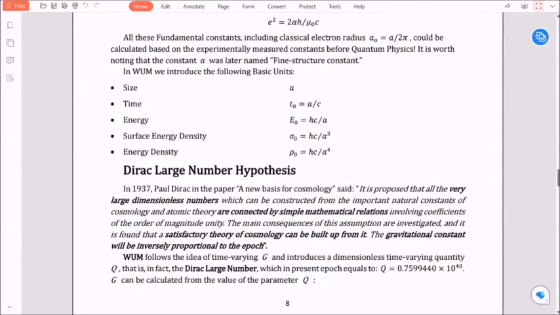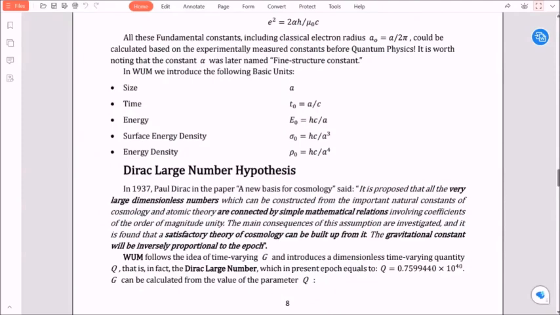It is worth noting that the constant alpha was later named fine structure constant. In WUM, we introduced the following basic units: size, time, energy, surface energy density, based on these fundamental constants.